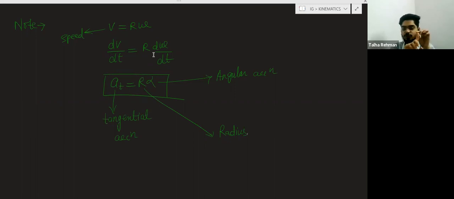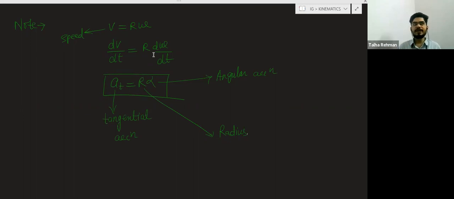Centripetal acceleration is due to the change in the direction of the body. When you are moving on a circular path, at every point your direction is changing, and due to that change in direction there will be the centripetal acceleration, and its direction will be towards the center always at every point on the circle.